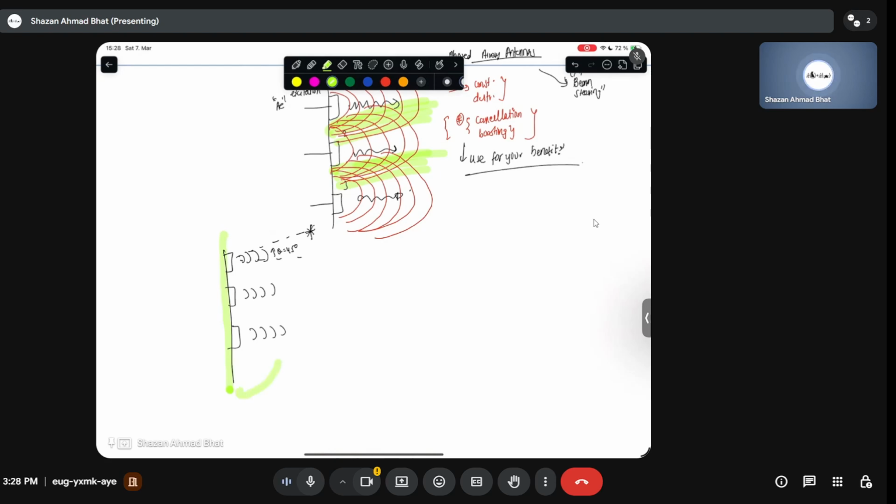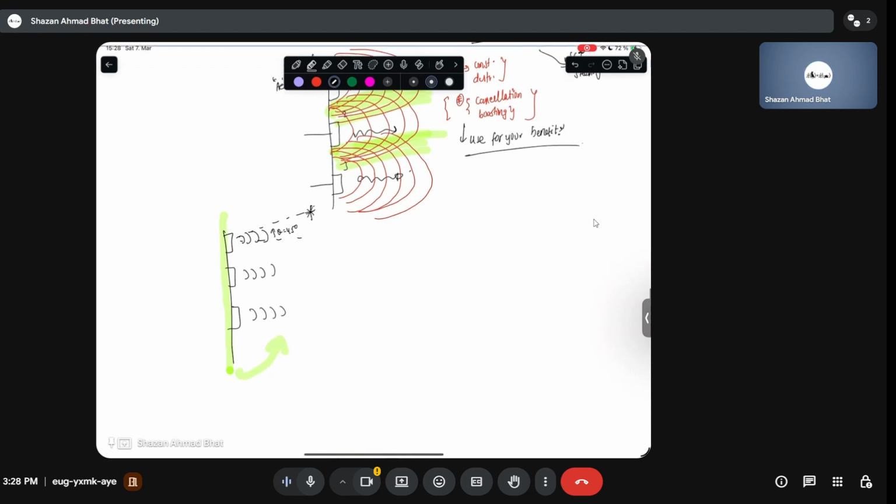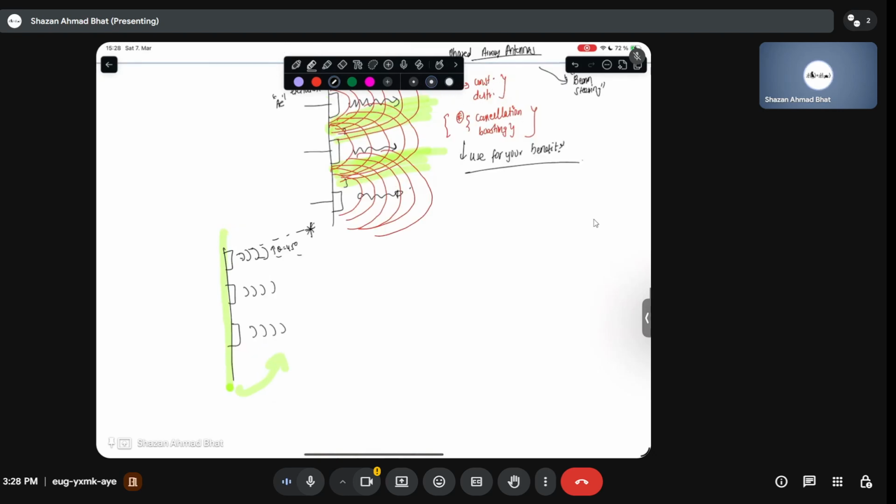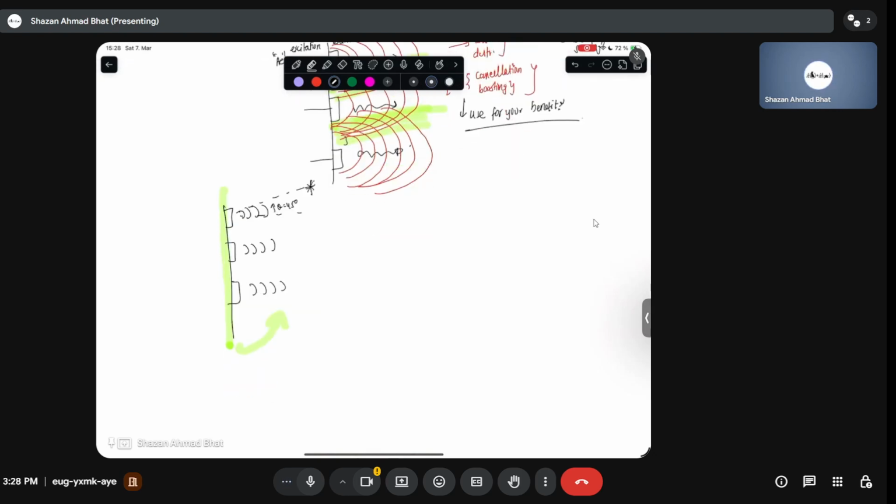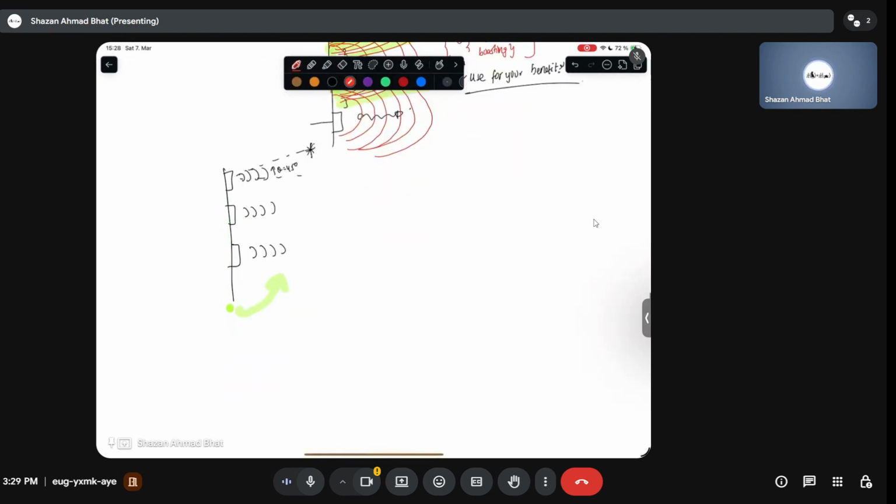You don't want to turn it like this, because when you turn the antenna, the electromagnetic waves will naturally go in that direction. But you don't want to do this. You don't want to touch the antenna itself. You just want to do some magical trick with the electromagnetic waves so that they can steer or get directed towards a particular direction. So that's essentially the concept of beam steering.